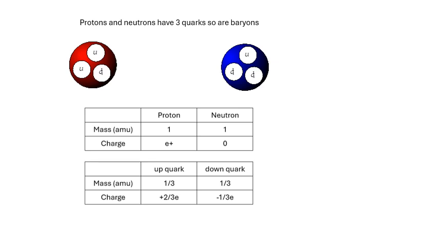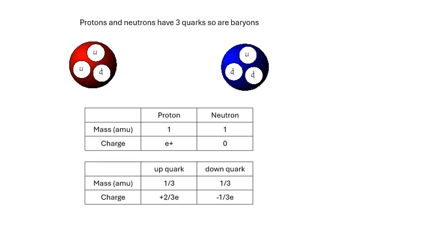An up quark is, well, up, it's positive, isn't it? Because it's up, it's happy, plus 2/3. A down quark, it's negative, minus 1/3. If you actually work out up, up, down, you'll see that the proton has a total charge of plus e, and that the neutron is neutral. That's why it's called a neutron.